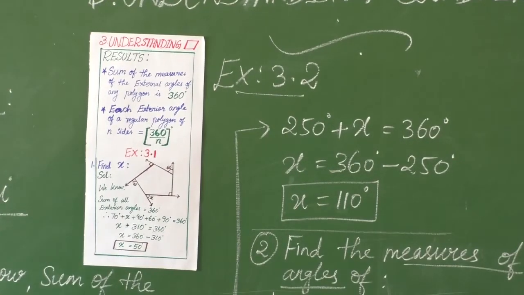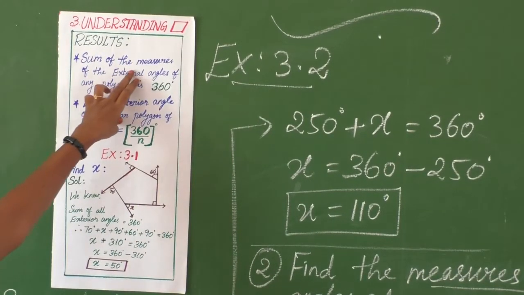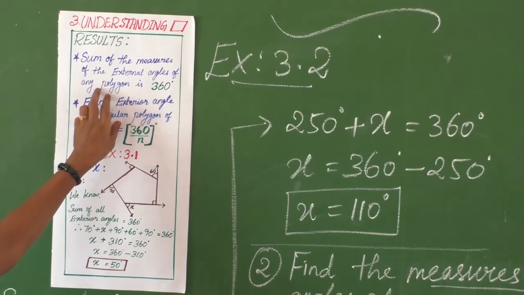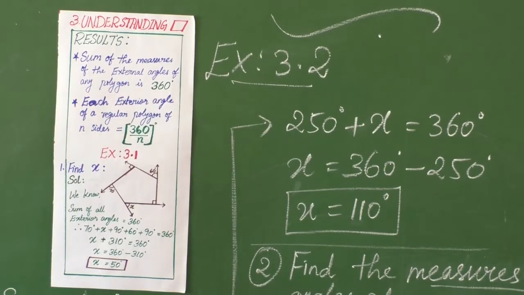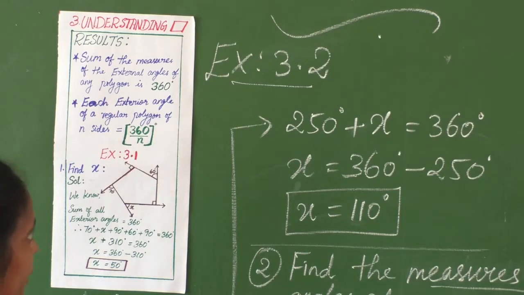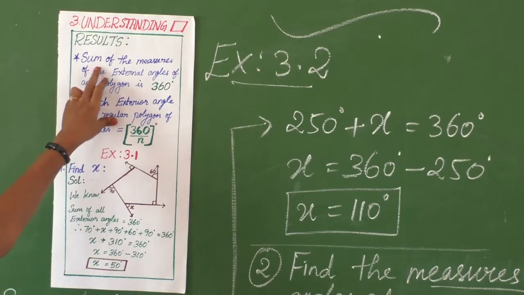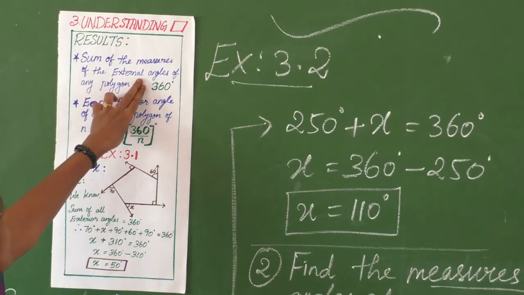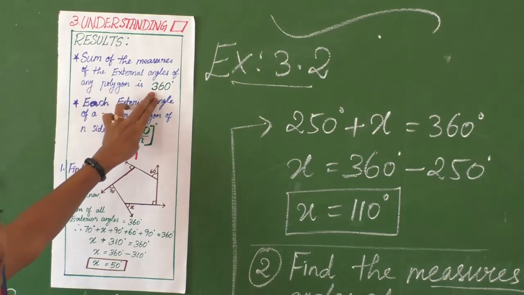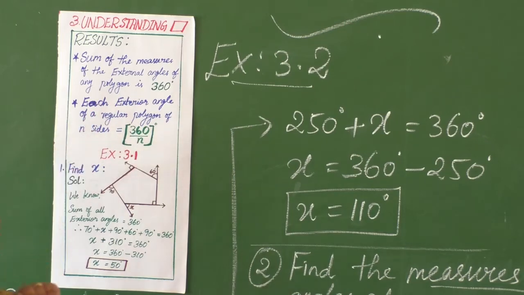What we have seen already, the familiar results given here. The sum of the measures of external angles of any polygon is 360 degree. You know that. Based on this result, we put a few questions in last week's section, so I am going to recall it again. Second, how to find the exterior angle of any regular polygon.